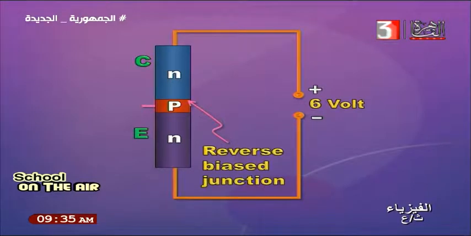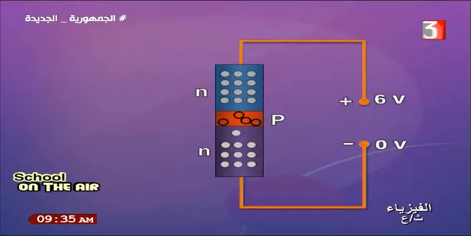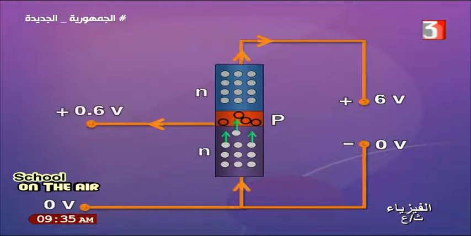We've got, as I said, a reverse biased junction. And now what happens? We'll do something a little bit different now. What happens when the base is connected to the positive terminal of a 0.6 volt battery?